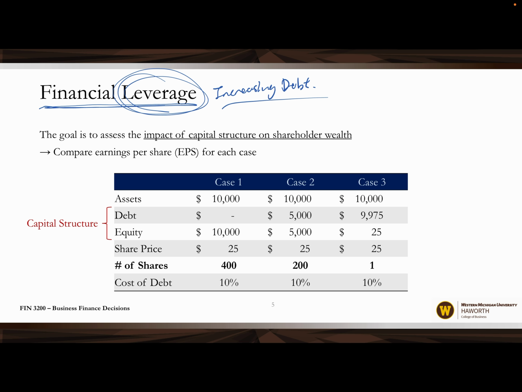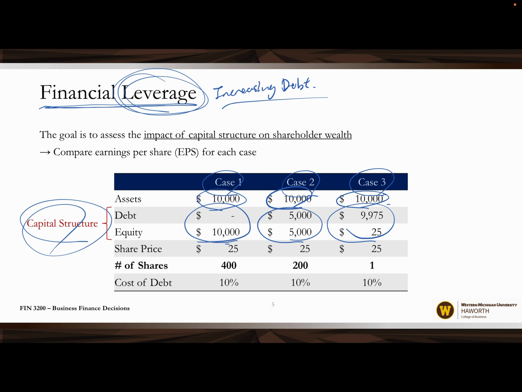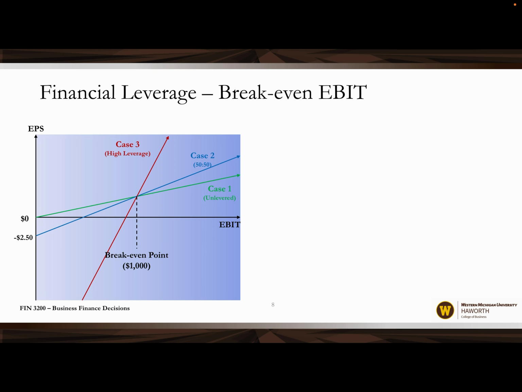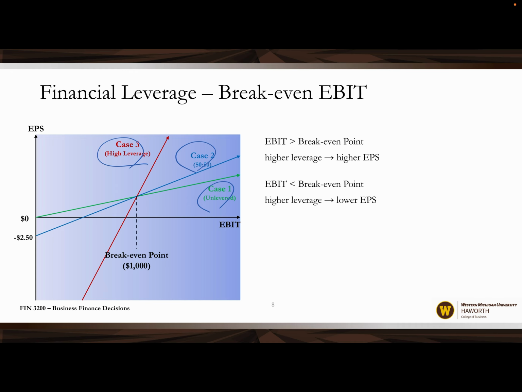Okay, so we have a case 1, case 2, case 3. As you can see, the asset value does not change. We're only varying the capital structure, mix of debt and equity. You can look at the slides, but basically you'll see that financial leverage makes a firm more risky.